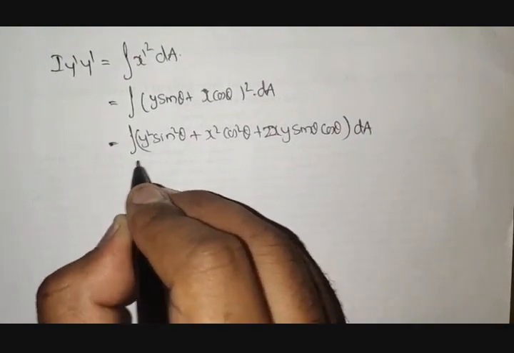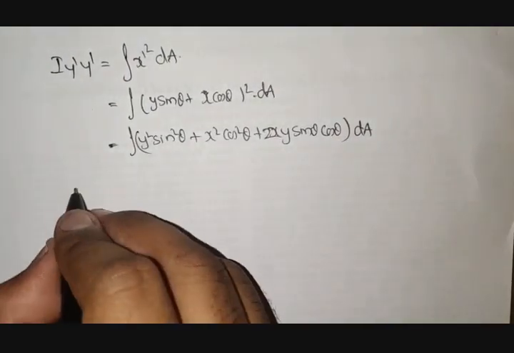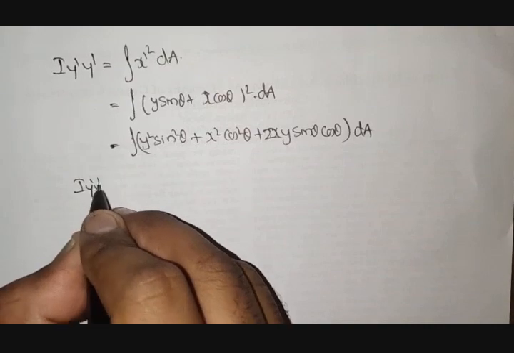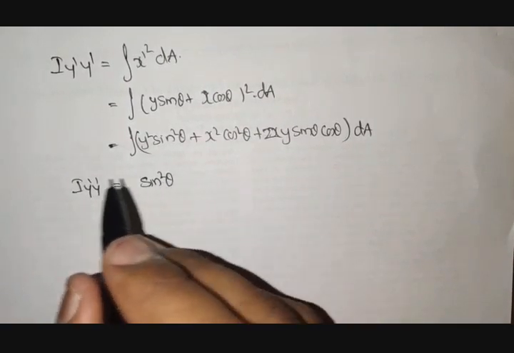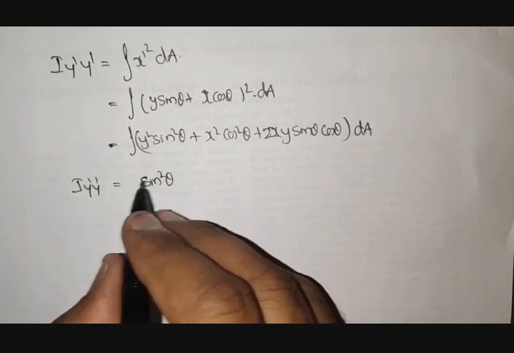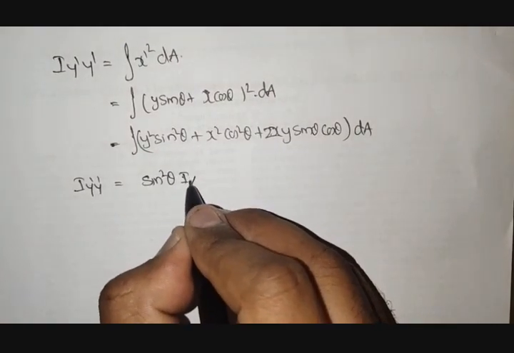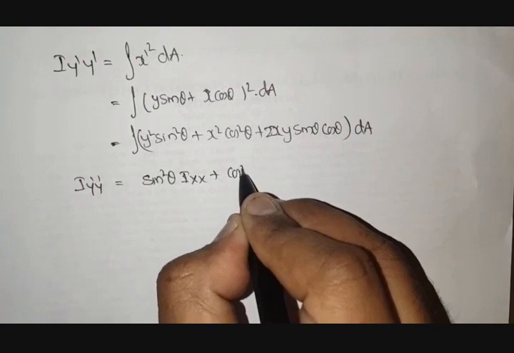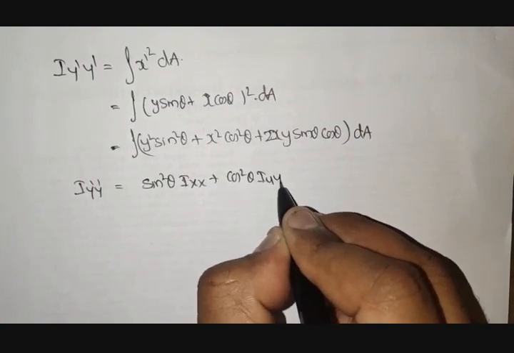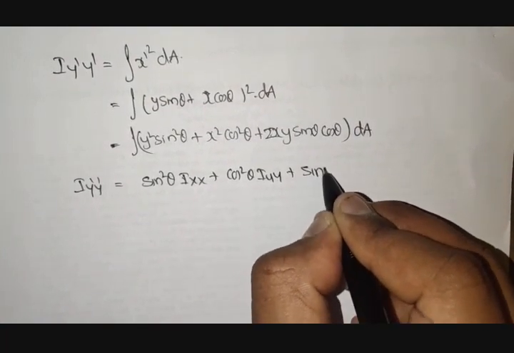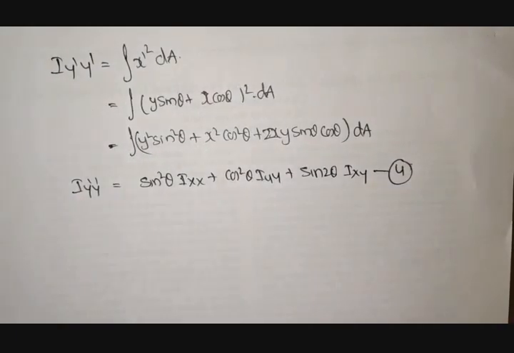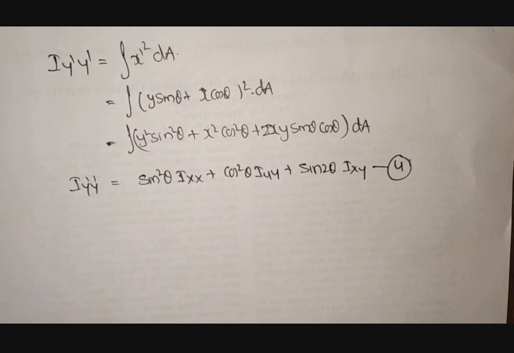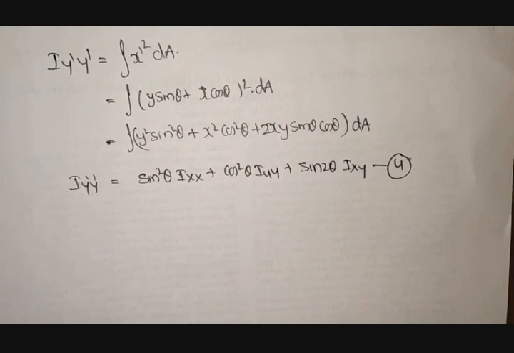By simplifying the total equation in the same manner as previously, the value of Iy dash will come as sin square theta of Ixx plus cos square theta of Iyy plus sin 2 theta of Ixy. So the values of Ix dash and Iy dash we have got.